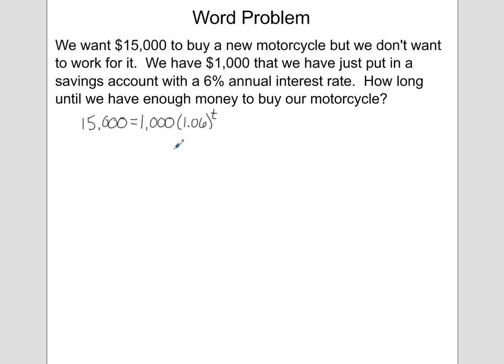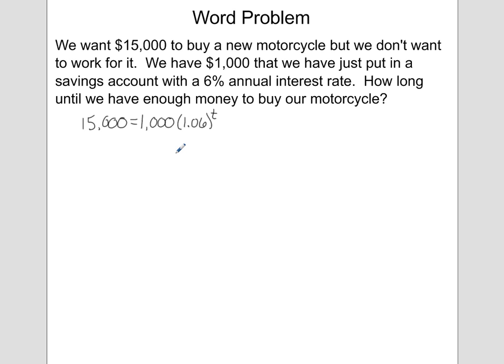Now, I could take the log of both sides, but then this 1,000 would be caught up in it, and I couldn't use my power property because the 1,000 is not being raised to the t power. So the first thing I have to do is get this term by itself. Now, the way I explain solving equations right off the bat is undoing my order of operations in the reverse order.